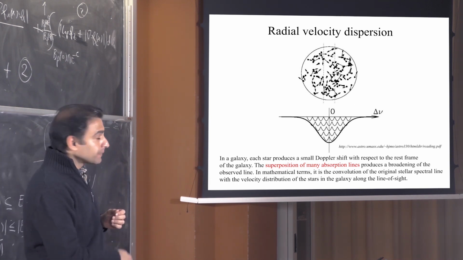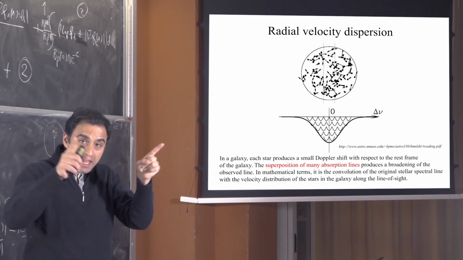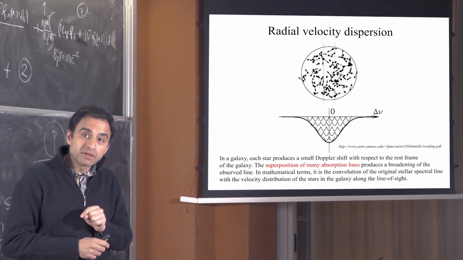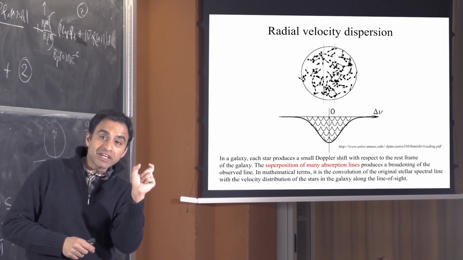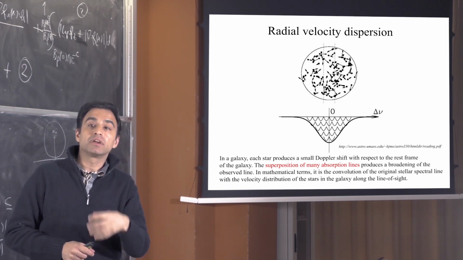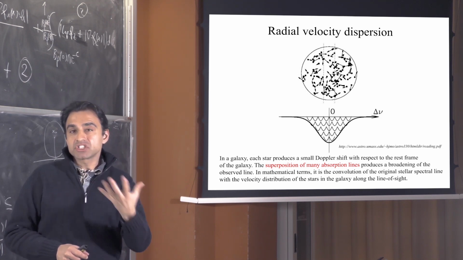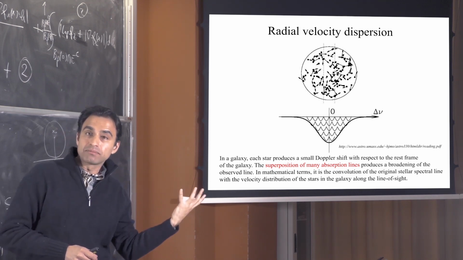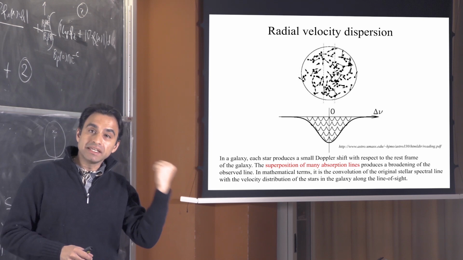By measuring the full shape of this spectrum, astronomers retrieve a quantity called velocity dispersion. In other words, the average velocity of the stars in the galaxy with respect to the center of mass.